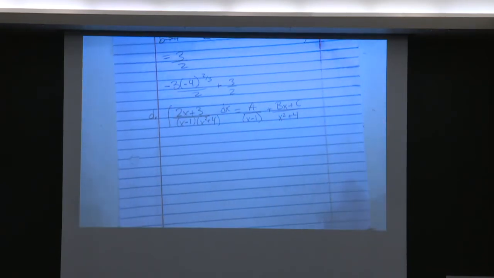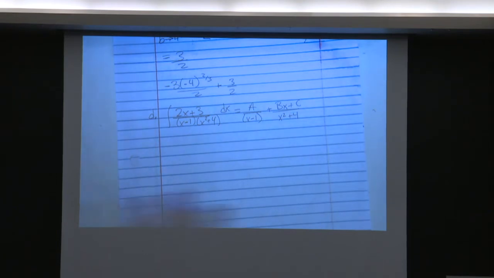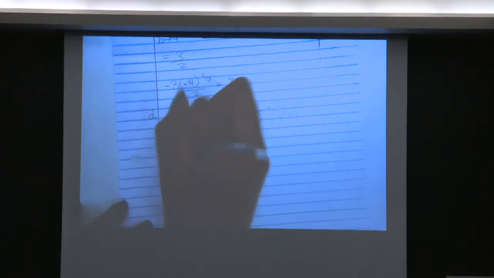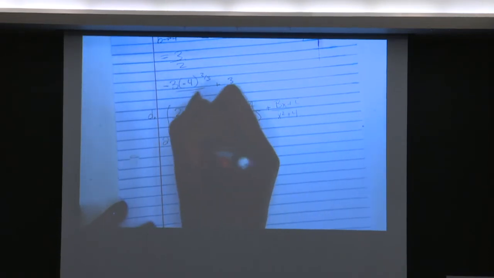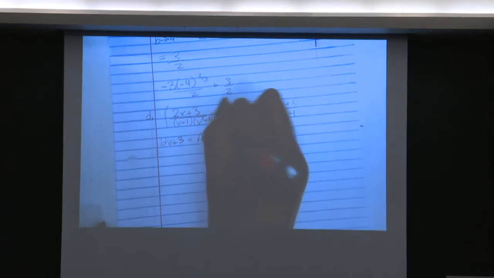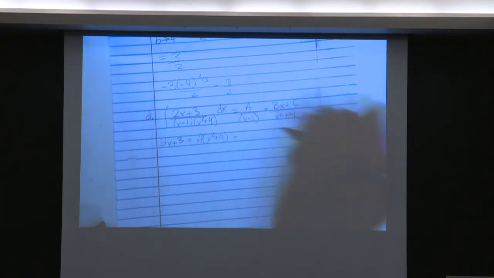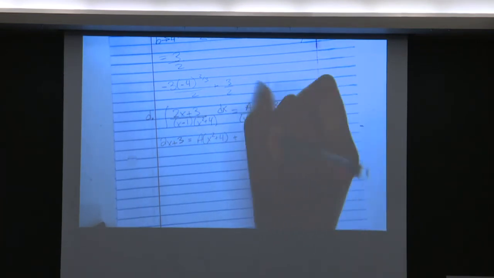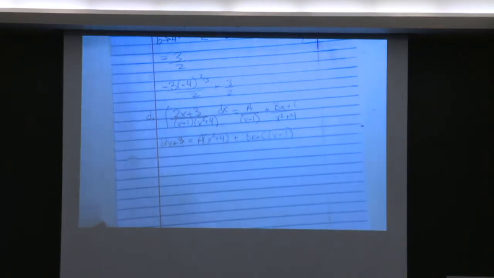Okay? So the way I do this, some people do it differently. If you do it differently and you end up getting the same answer, by all means do it that way. But I just set my numerator of my integral equal to a times x squared plus 4, plus bx plus c times x minus 1.